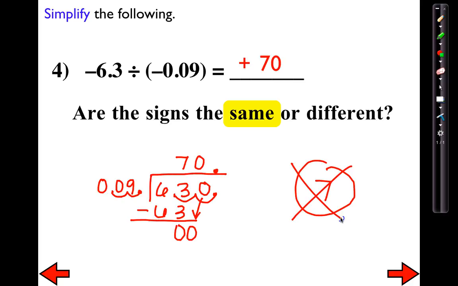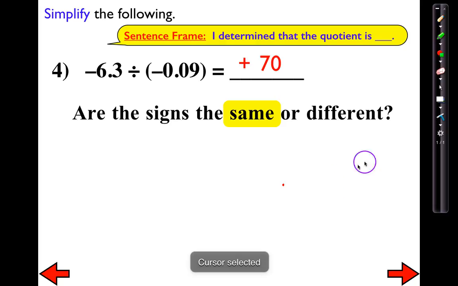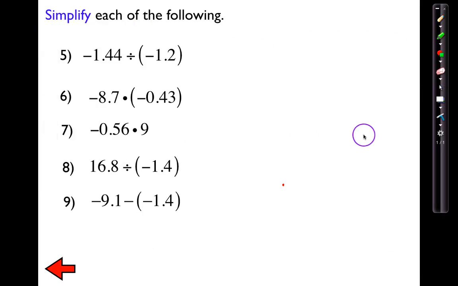So you got to be very careful. Sorry, before I move on, I'm going to say I determined that the quotient is 70. Now go ahead and try the next few problems on your own.